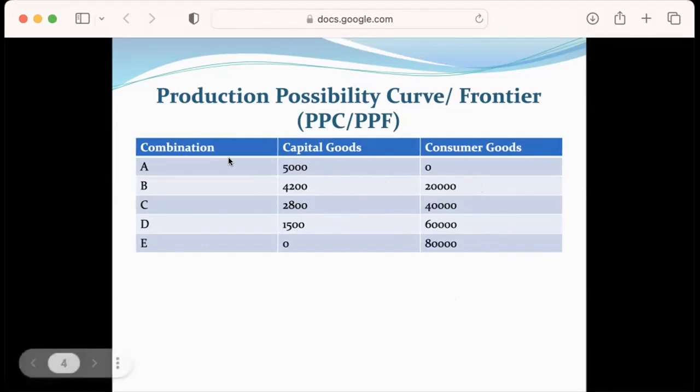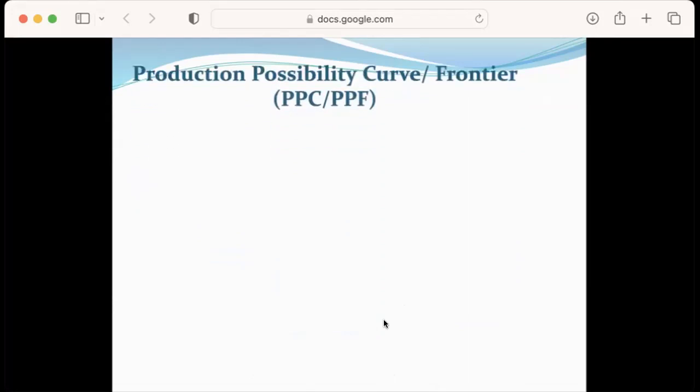These are different combinations of two products, capital and consumer goods, that this country can produce, the maximum with the resources. They cannot produce more than this. Also, this is only the possibility. It doesn't mean that they are actually producing this.